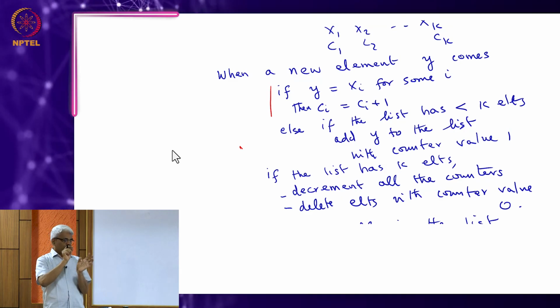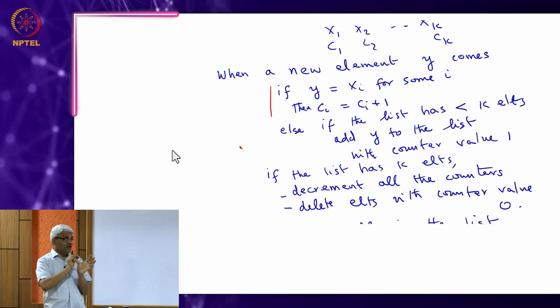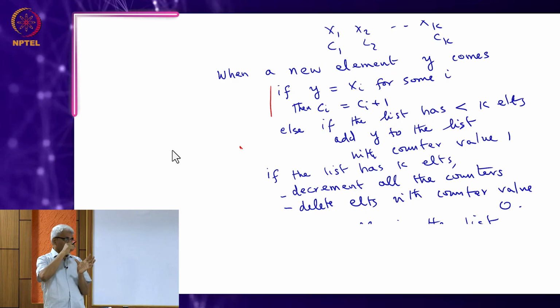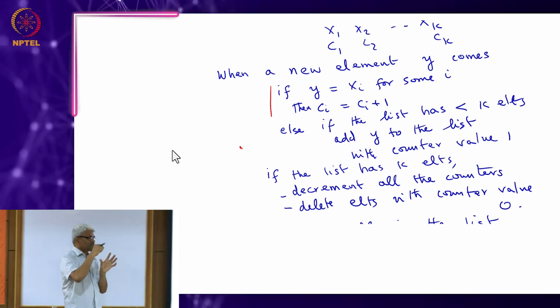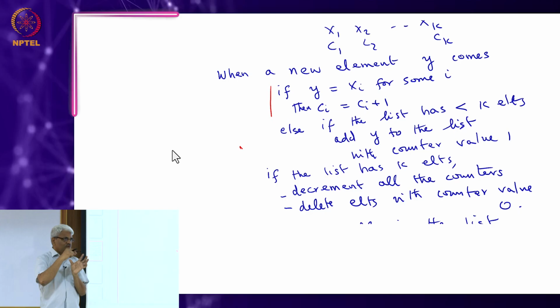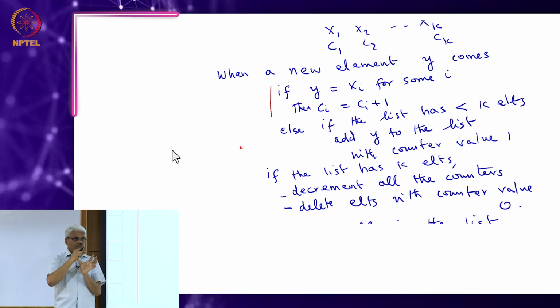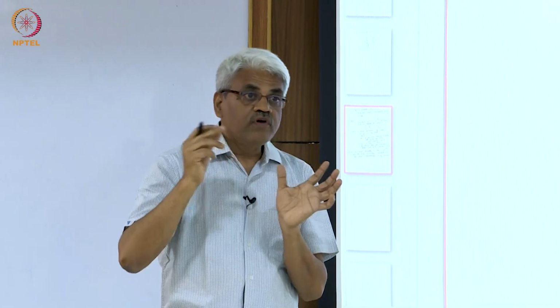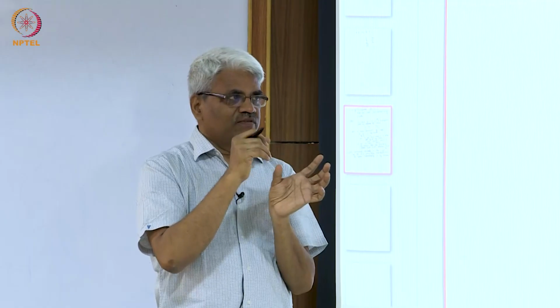If y is not equal to any of the xi's and there is space, then I have to insert it. But in a sorted array, how much time does it take to insert? O of n, right? So in this case it's k, so it will be order k.